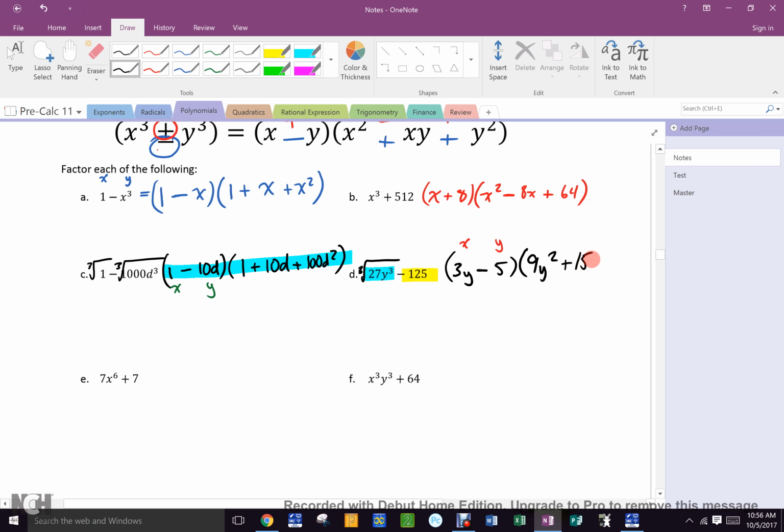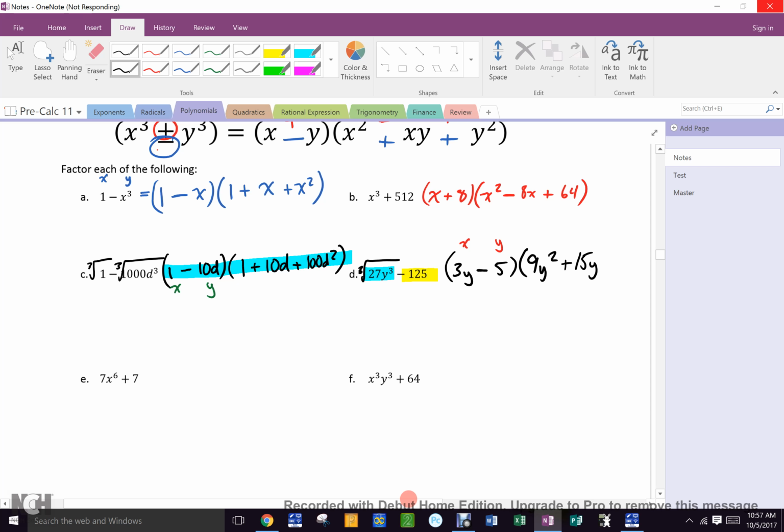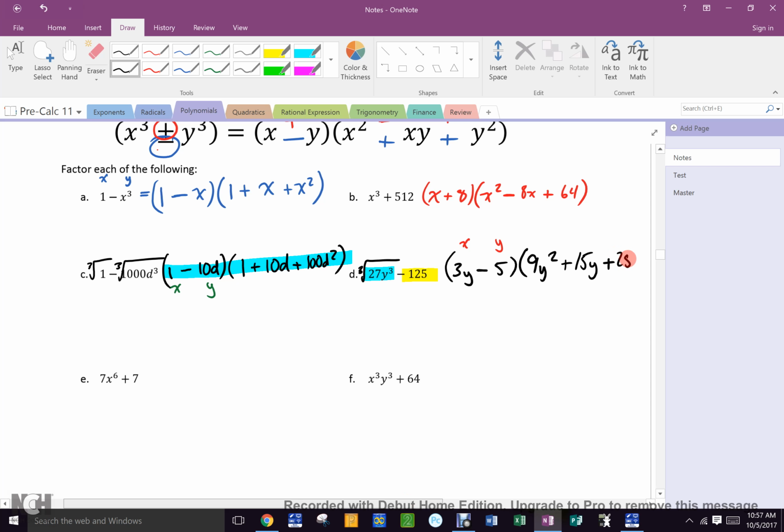It would absolutely be 15y because it's X times Y. Plus 25. Nice work, Barker. Can everybody do A, B, C, and D?